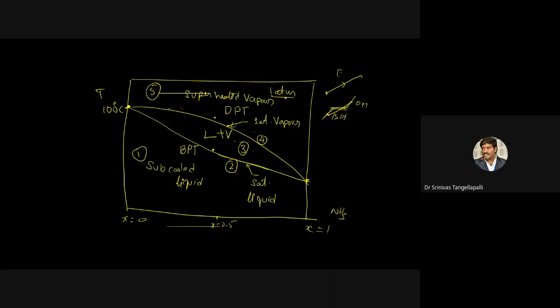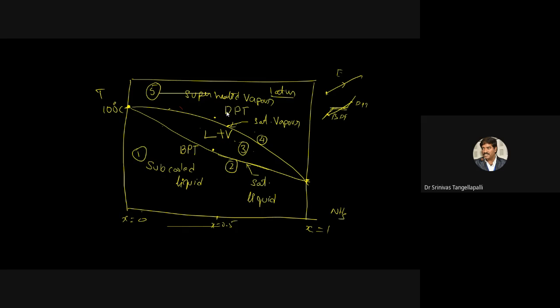We know the pressure, and we have to simulate the exit temperature. We have to iterate the temperature, and based on this, we have to evaluate whether that exit condition is subcooled liquid, saturated liquid, liquid plus vapor mixture, saturated vapor, or superheated vapor.